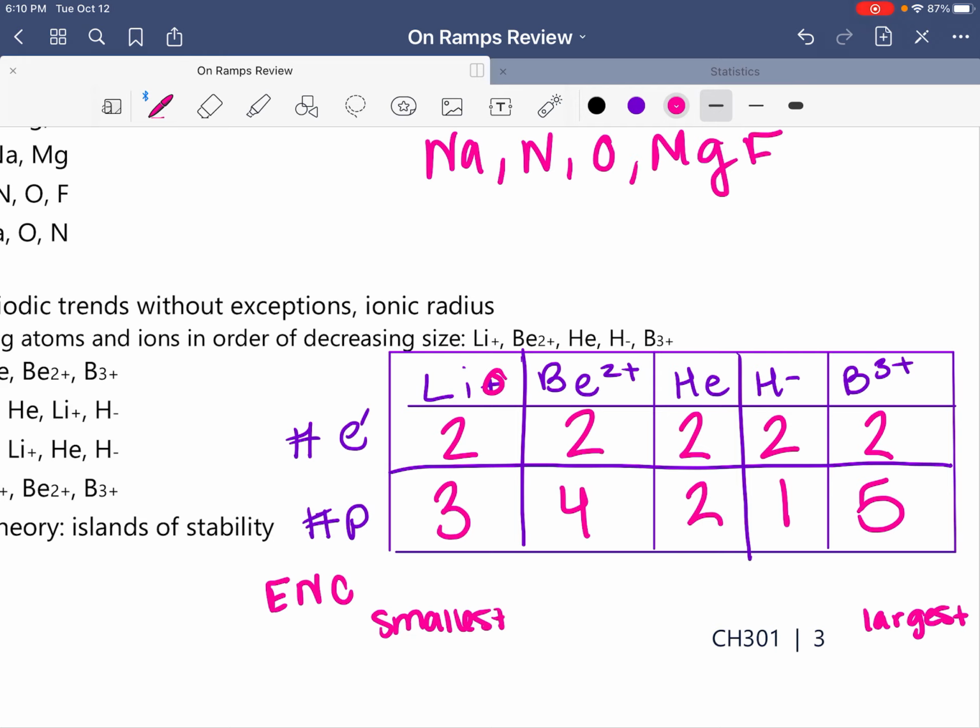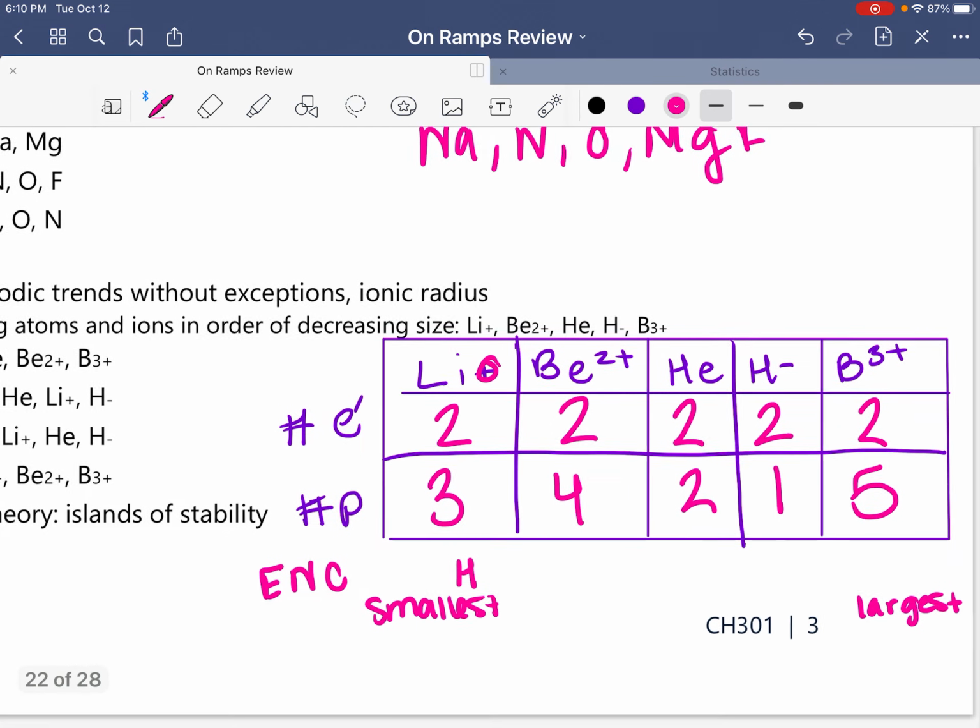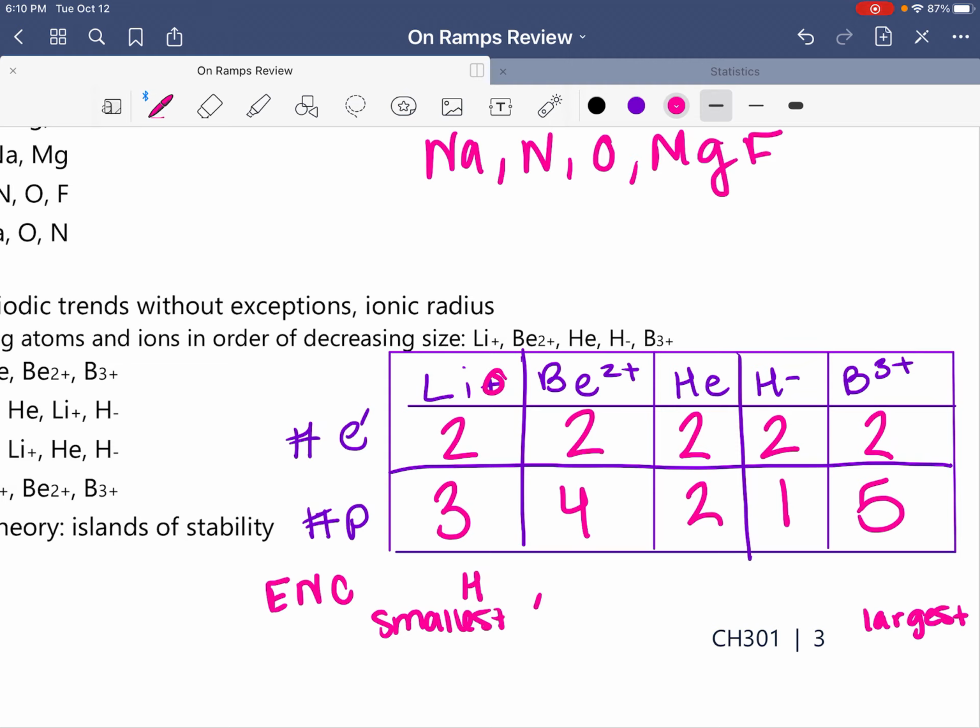Okay, so the smallest nuclear charge that you have, the smallest number of protons, is going to be hydrogen. It only has 1 proton in there. Then comes helium with 2 protons in its nucleus.